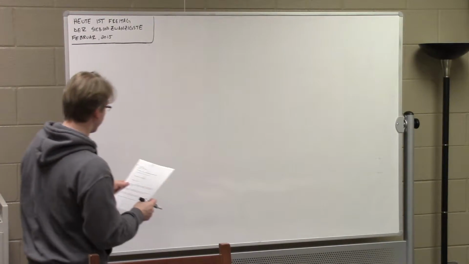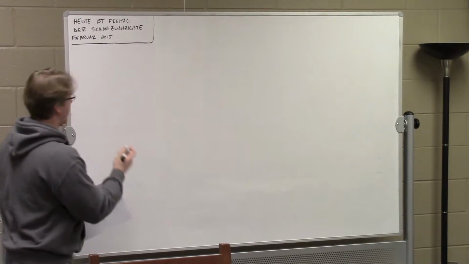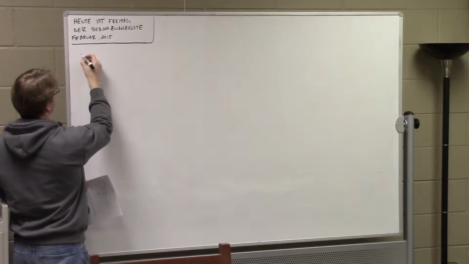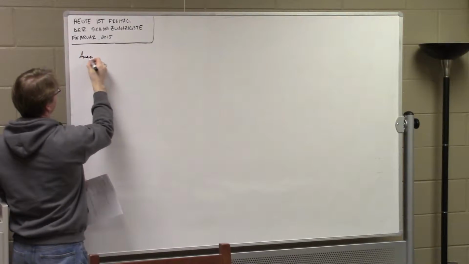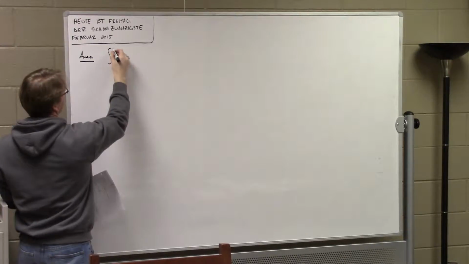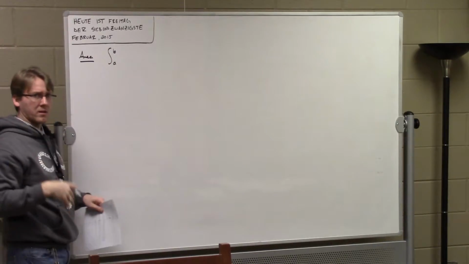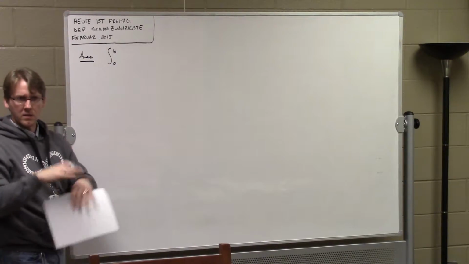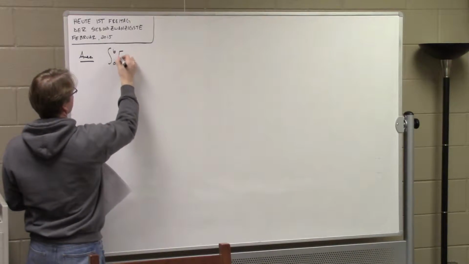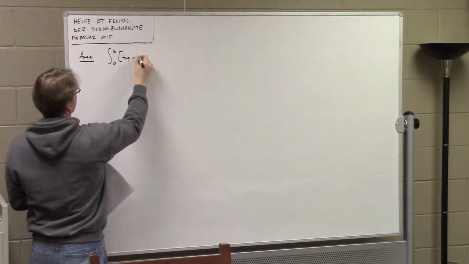All right, number 1, 1, 2, and 3 are all about area. Area between curves. So in general, when you're doing area between curves, your formula is going to be from A to B. Notice there is no pi. Don't start slapping pi's on areas because that's not a rotation of any kind. Top function minus bottom function.